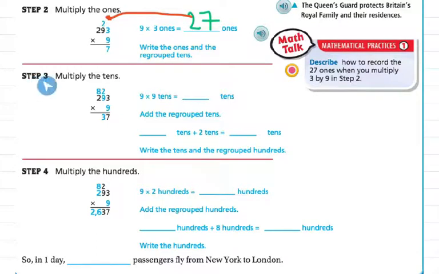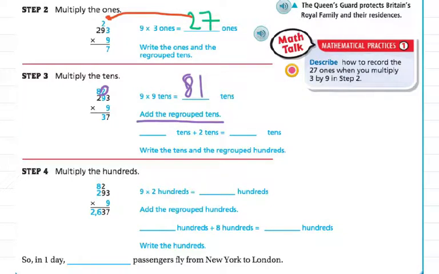Next, step 3, we're going to multiply the tens. So 9 times 9 tens is going to give us 81 tens. And again, we're going to add the regroup tens that we had here. So students, 9 times 9 is 81, but what we're going to do is add the regrouped 2, so that would be 82, 83.